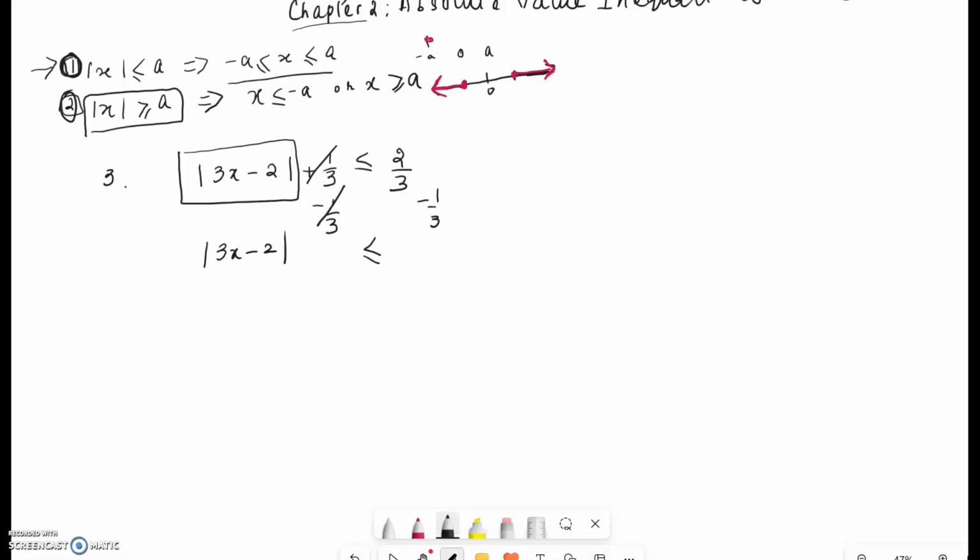So when you add 0, it's just the absolute value of 3x minus 2. 2/3 minus 1/3 is 1/3. Now, since it's a less than or equal to, we're going to use rule number 1. And the rule says whatever is inside, 3x minus 2, has to lie between two numbers. One is the negative of 1/3 on the left because it's the smaller number, and positive 1/3 on the right.